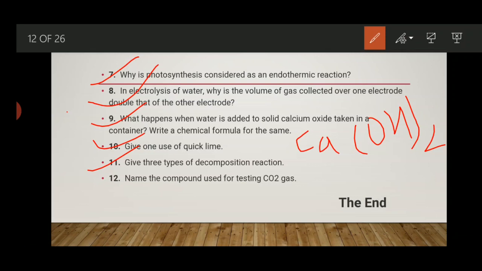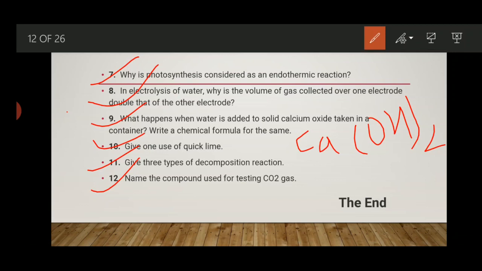The reaction which takes place with the help of sunlight is known as photolytic decomposition, and the decomposition reaction which takes place with the help of electricity is known as electrolytic decomposition reaction. And our last question is, name the compound used for testing CO2.